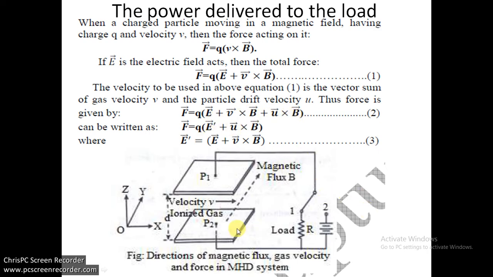You can see the line diagram also. Here x, y, z are the three mutually perpendicular axes. Along the x direction you can see the velocity of gas, along the y direction is the magnetic field, and along the z direction is the drift velocity and the electric field.